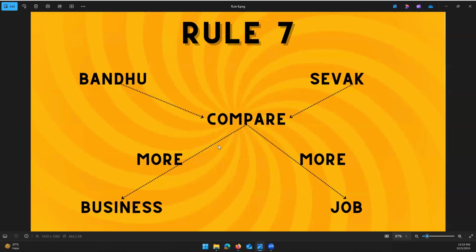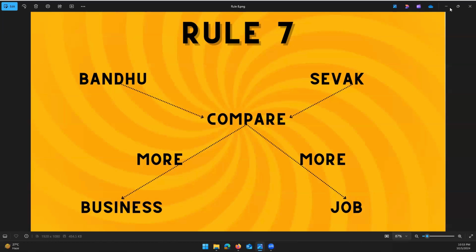So basically, if you're comparing, okay, seventh house is stronger versus sixth house is stronger, you'll be able to understand which profession or which way of life is more suitable for the person, whether it is business or whether it is job. So that is what we can understand from this rule number 7.